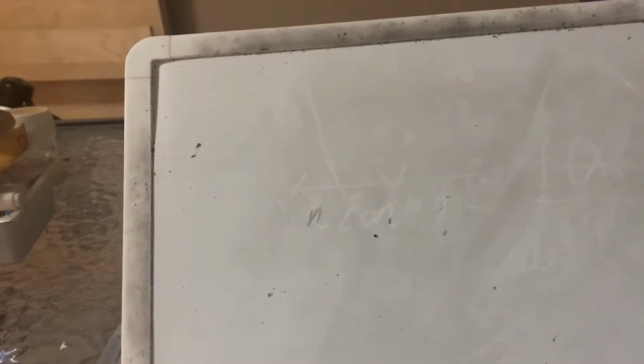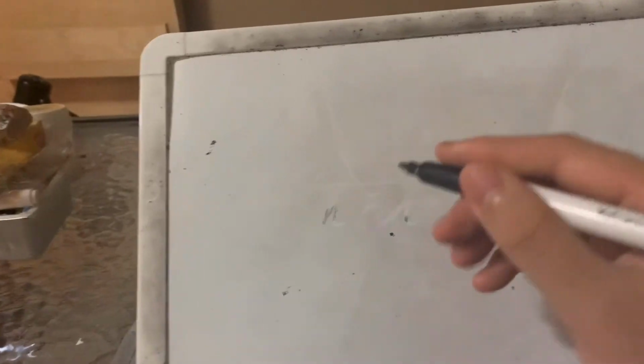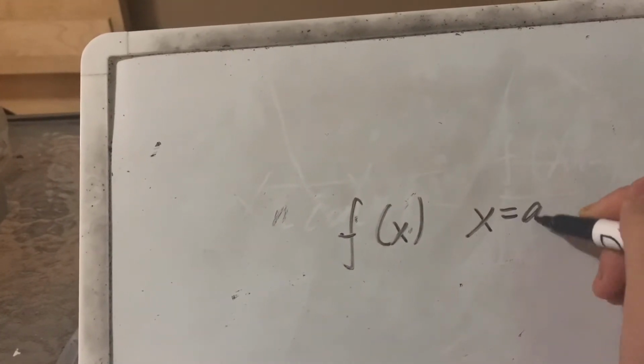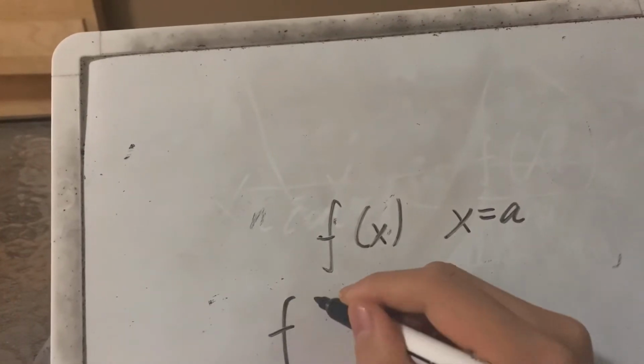According to the definition of derivative, the derivative of f(x) at x equals a is equal to this.